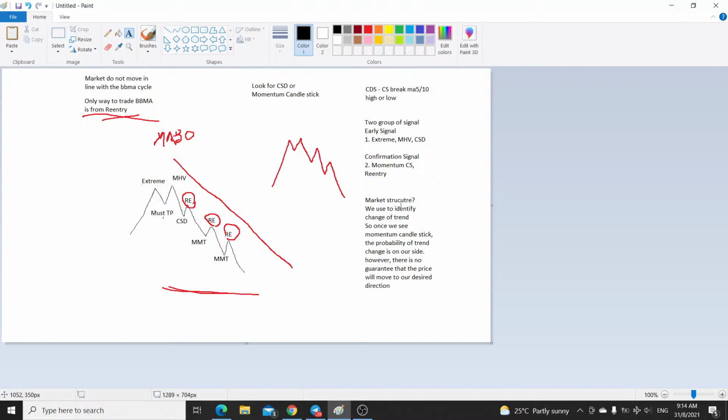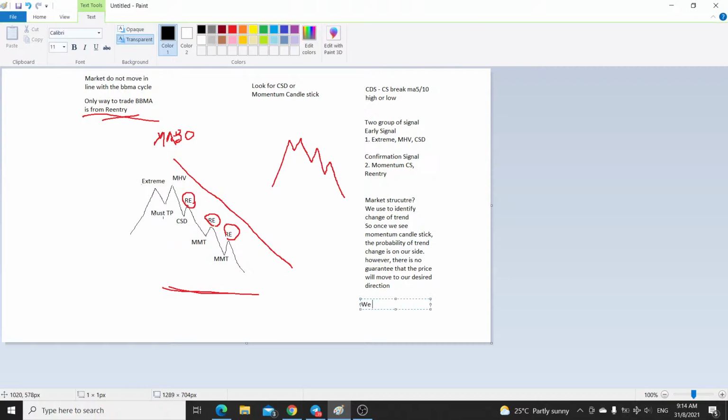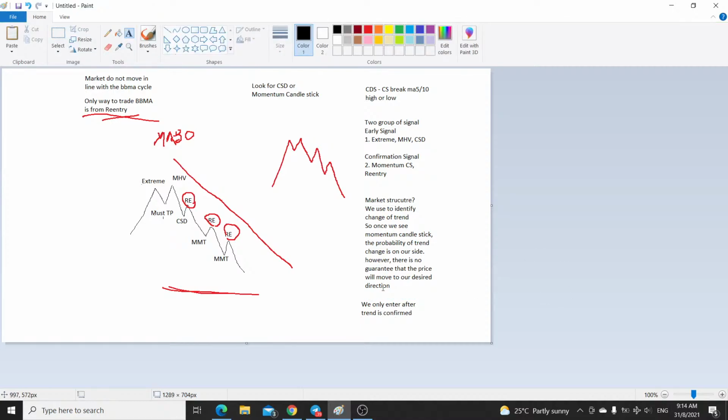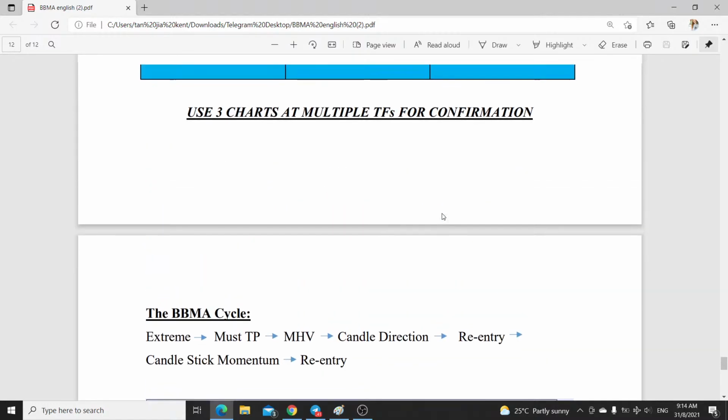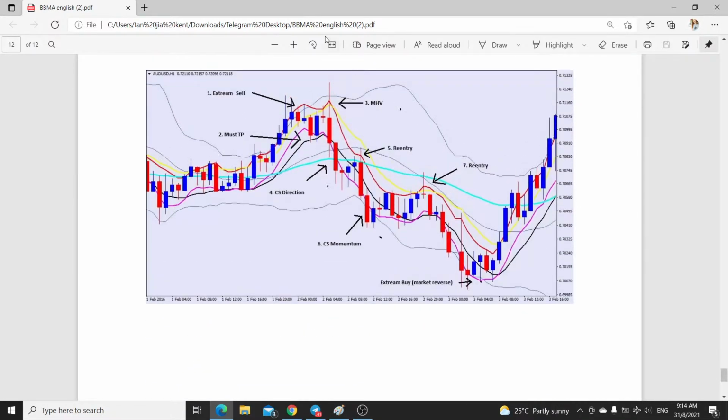We only enter after the trend is confirmed. That's why we only trade re-entry. I'm not sure whether you can understand or not. There's not much example here, so I'm going to TradingView.